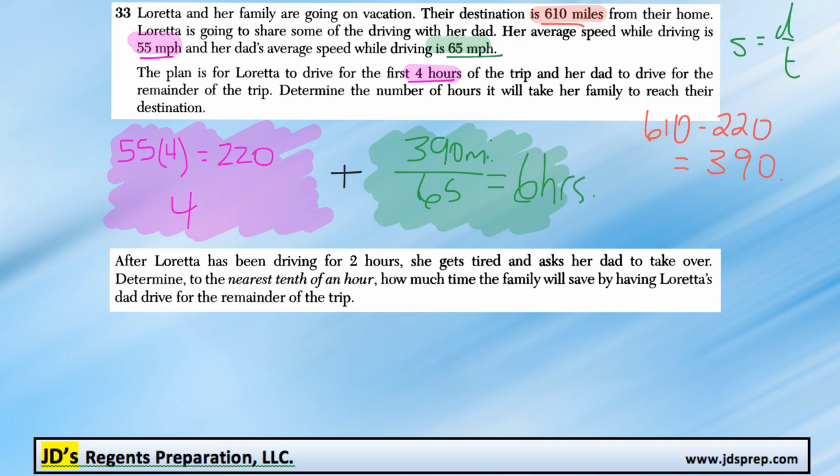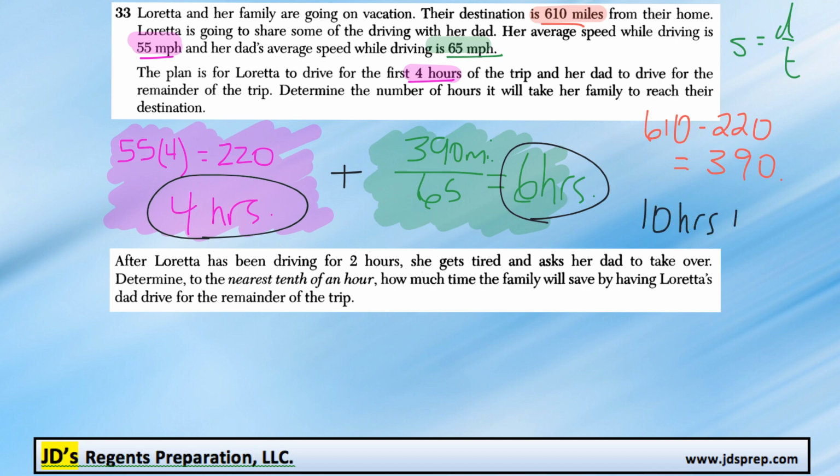We know that Loretta is driving for 4 hours. That was given to us in the question. So 4 hours plus 6 hours means in total it'll take them 10 hours to get there. 10 hours total.